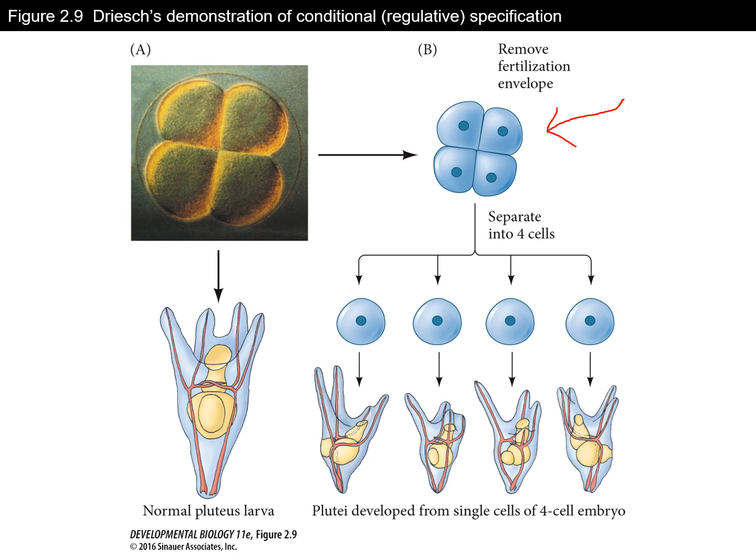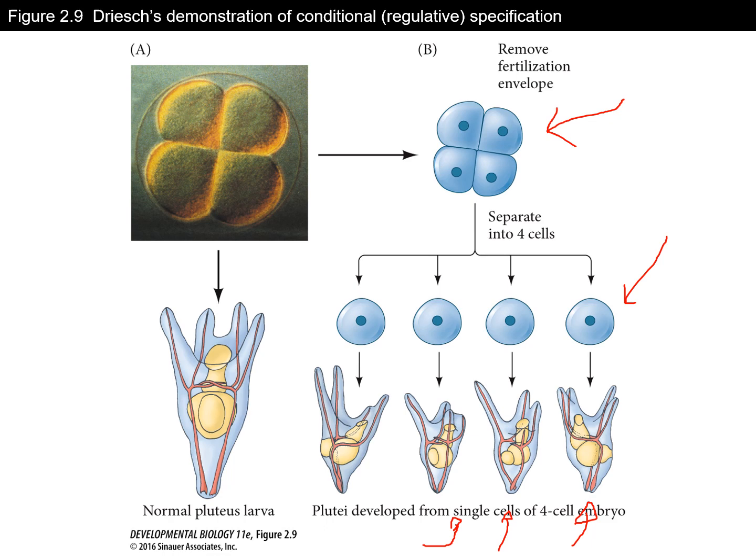And so at this stage, he then allowed the 4 cells to develop individually. And he found that each one of those 4 cells developed fully into the organism. Now, if Weissman's autonomous theory was correct, then we would expect each one of those 4 cells to develop into 1/4 of the organism. However, that was not observed, and that's not the case.